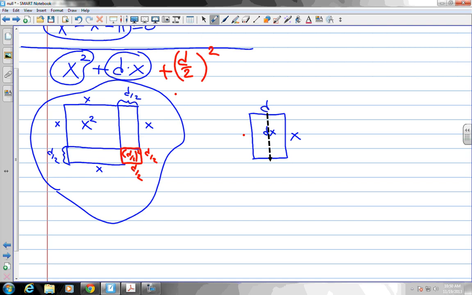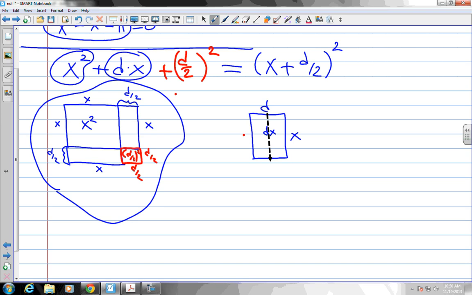That's what this little geometry tells me. If I add that, then all of a sudden that whole thing becomes a perfect square, right? The side of this square is x plus d over 2, so it's x plus d over 2 squared.